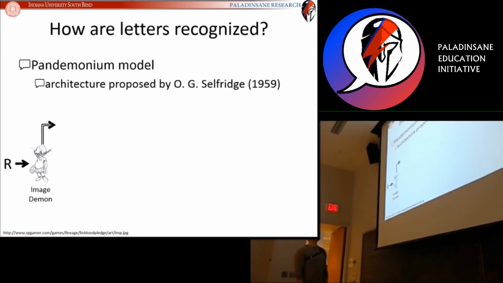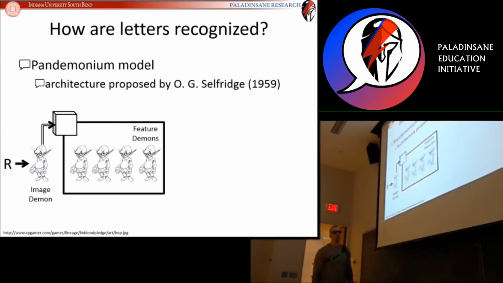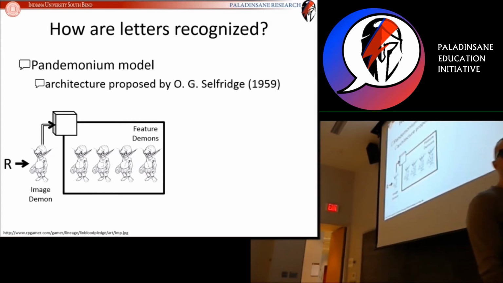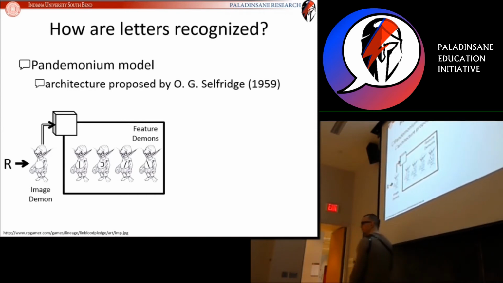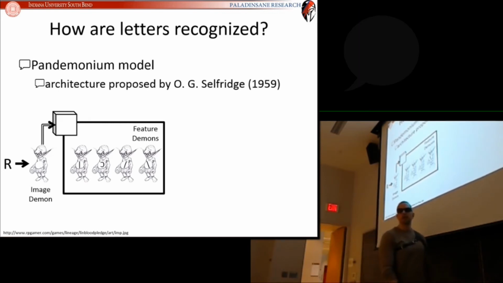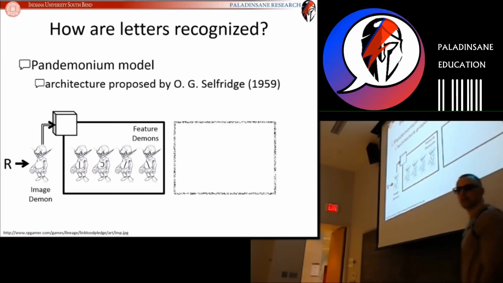And that image daemon sends what they see to this TV screen that is located in this room. And that room is filled with feature daemons. And those feature daemons have certain features on their bellies, and if they see the feature that's on their belly on that TV screen, then they get hot and agitated. They get angry. And when they get angry, they gotta let somebody know. And who do they let know?